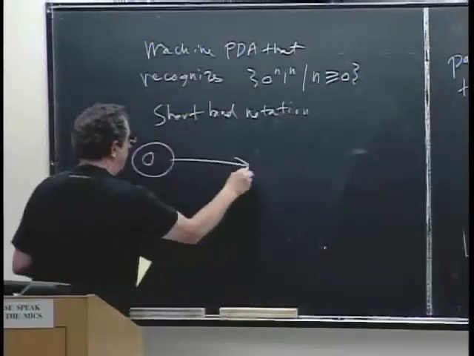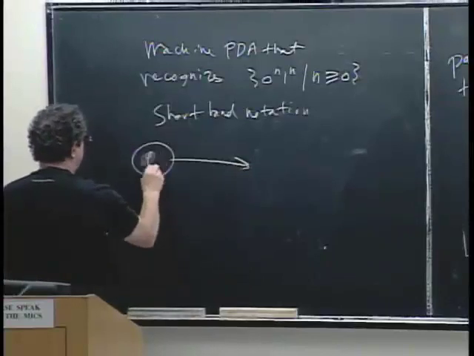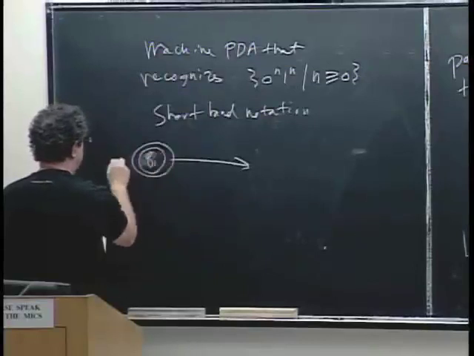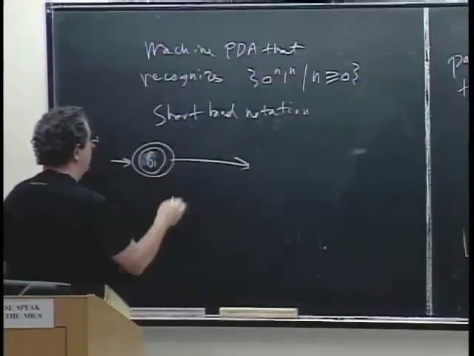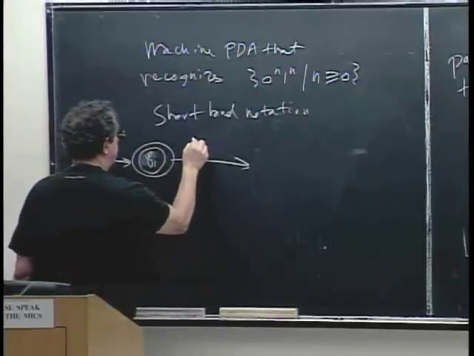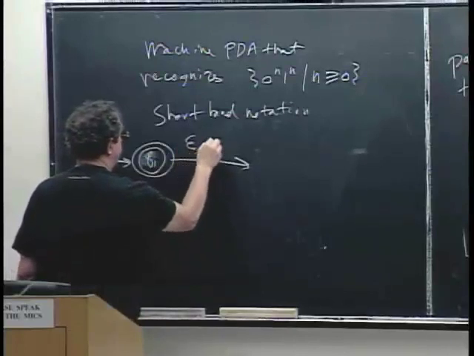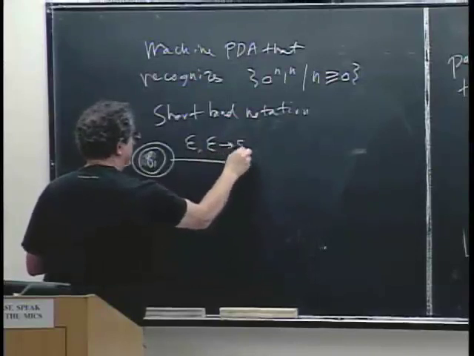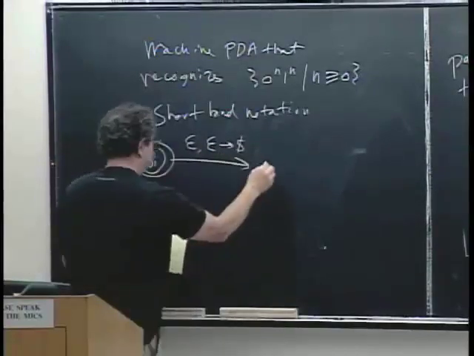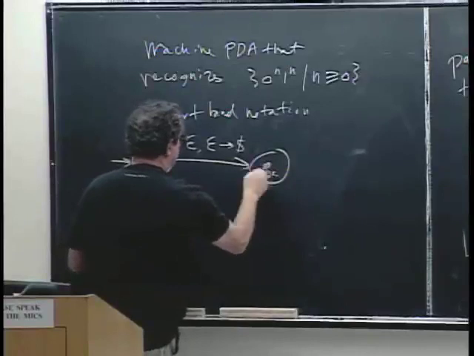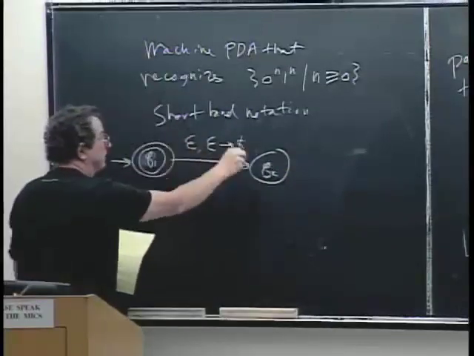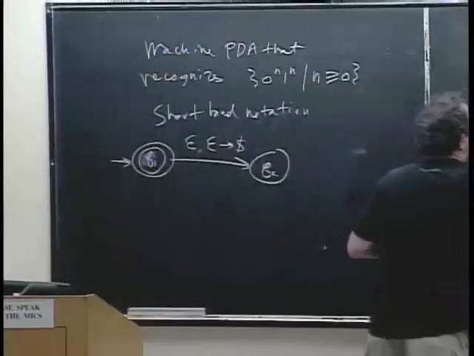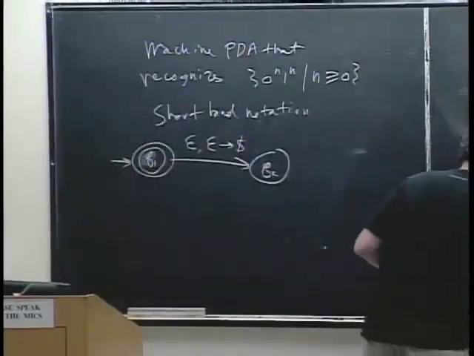So this is state Q1, which is both a start and an accept state, and then we're going to have something written on there, which in this case is epsilon, epsilon goes to $, goes to Q2. But I want to explain this kind of notation in more generality. So this is actually what's written on that first edge. But in general, what does that mean?